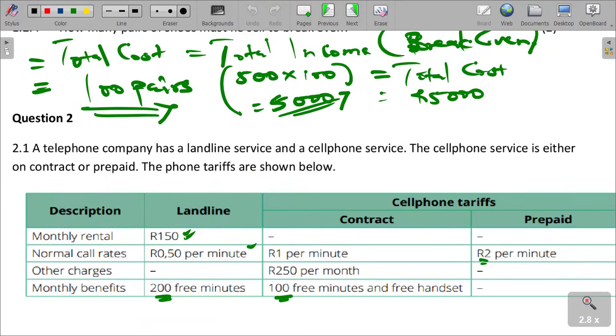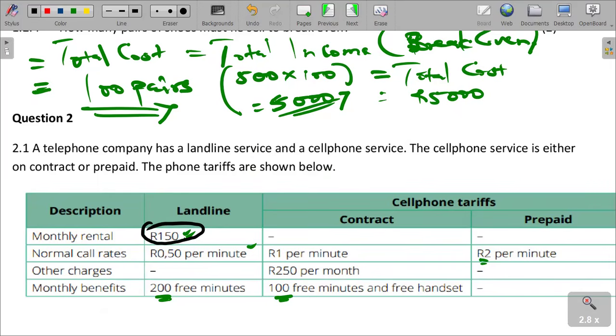We are given that there is a 150 that is already there on a landline, and then plus normal call rates. The call rate that we are given here is 50 cents per minute.